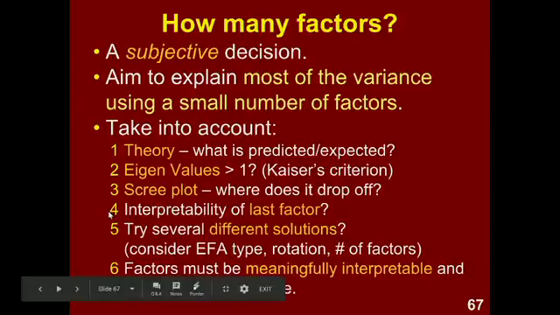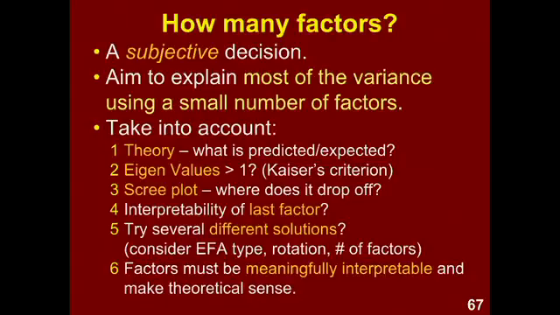Fourthly, the weakest factor is going to be your last factor. So look very carefully at the last factor. If you're extracting 6 factors, look at factor 6, look at the items that belong to it, and ask yourself, do they belong together? Can I say what they represent, or is it just a seemingly random set of 3 items chucked together?